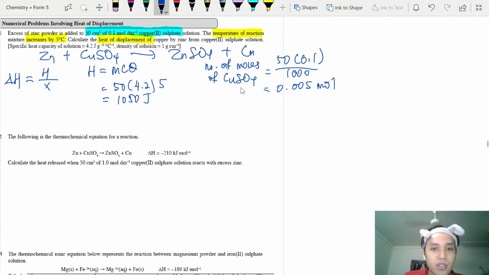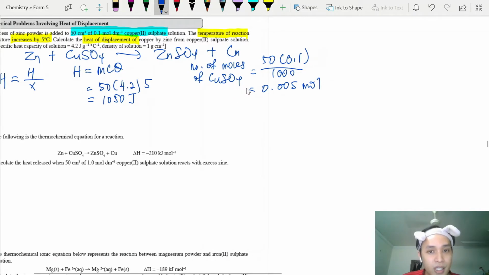Now once I know the number of moles of my copper sulfate, I need to know who is being displaced. The question already tells me heat of displacement of copper. I want to know copper's number of moles. So based on the equation, we always need to write this, very troublesome.